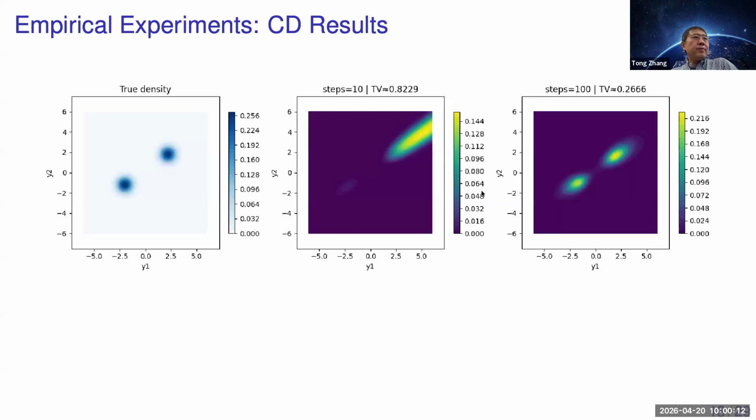So this is the true density. If you run this one, it doesn't converge well; it converges to one mode. When you have many more steps, you converge better. For the TV norm, if there are completely orthogonal densities, the largest TV norm is 1.